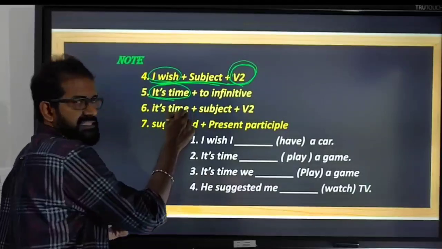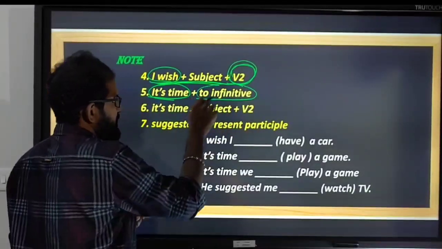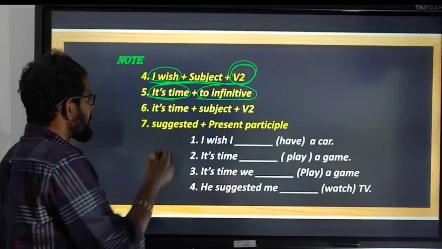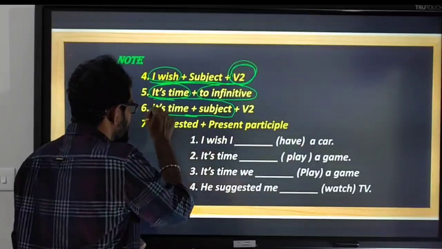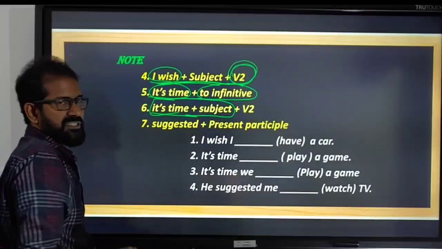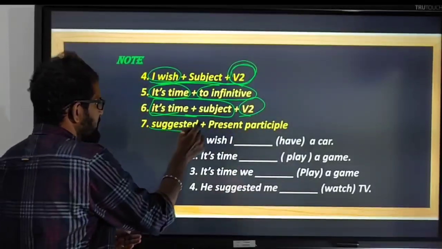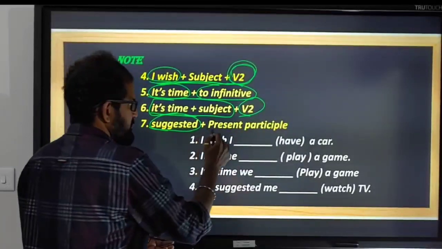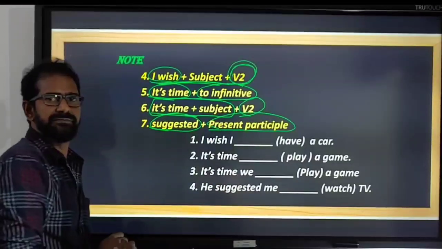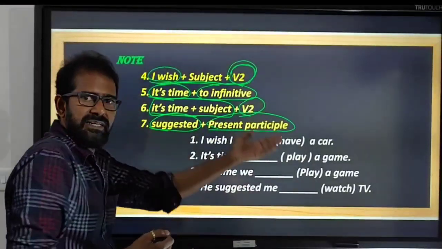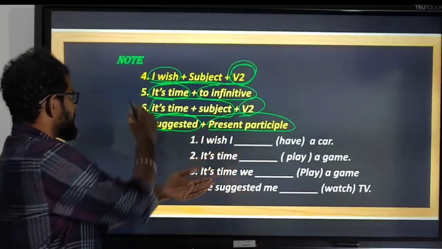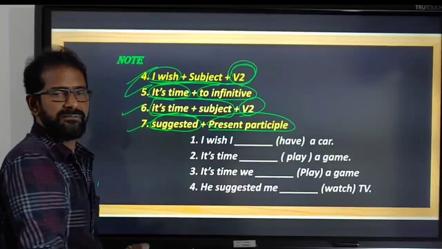When you see it's time, the blank must be filled with to infinitive. And when you see suggested, the blank must be filled with the present participle. So whether the given paragraph is in past or present, these four rules you have to follow.